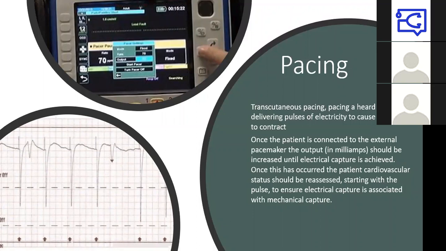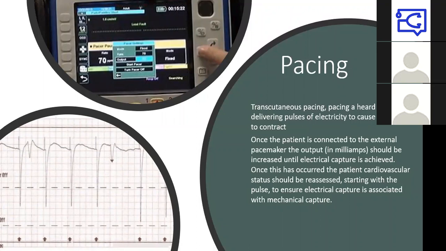As you can see from the ECG strip here, you will see the vertical line going up. That is a pacing spike. Then what you want to see immediately thereafter is a QRS. So this is captured. It means you've given the electrical supply, and that has led to a ventricular contraction.